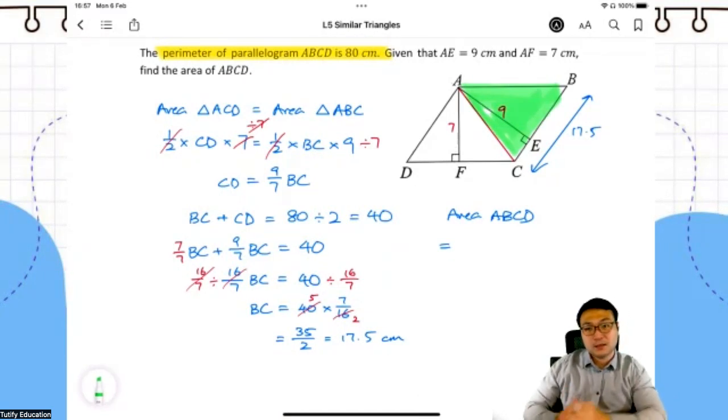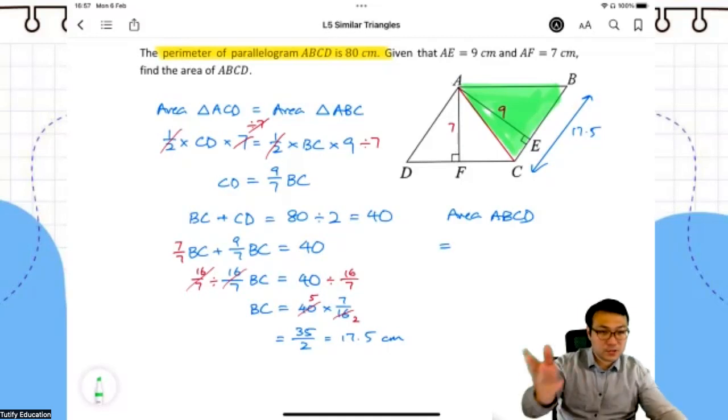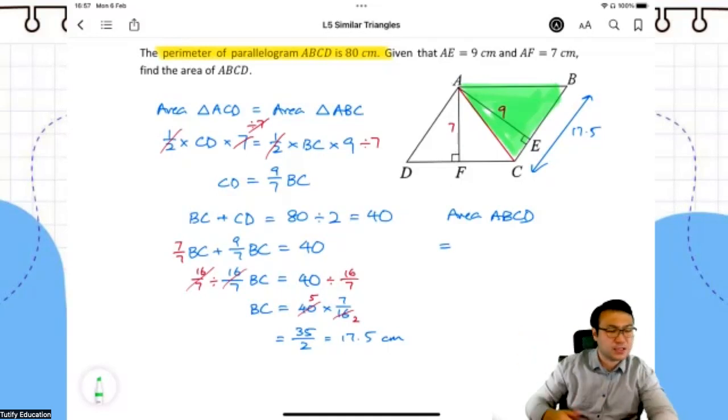Yes. So once you find the area of the green triangle, can you find the area of the entire parallelogram? Yeah. Okay, how to find? Green triangle, half times 9 times 17.5 equals... let's say it equals 100. Okay, I know it is not 100, but let's say you found 100.